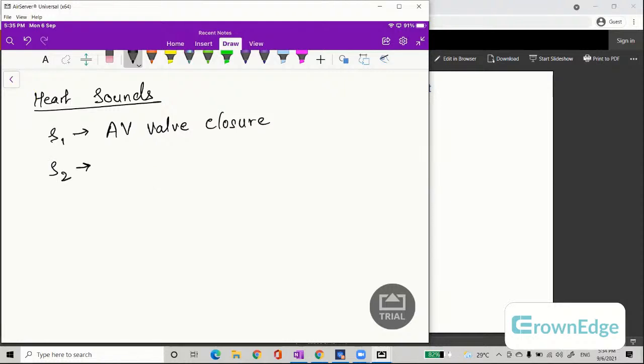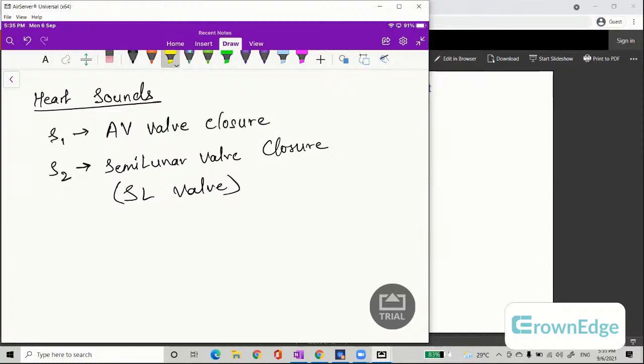S2 comes whenever there is closure of the semilunar valves, in short form the SL valves. How to remember? Which alphabet comes first? A, obviously, so S1 comes with AV valve closure.